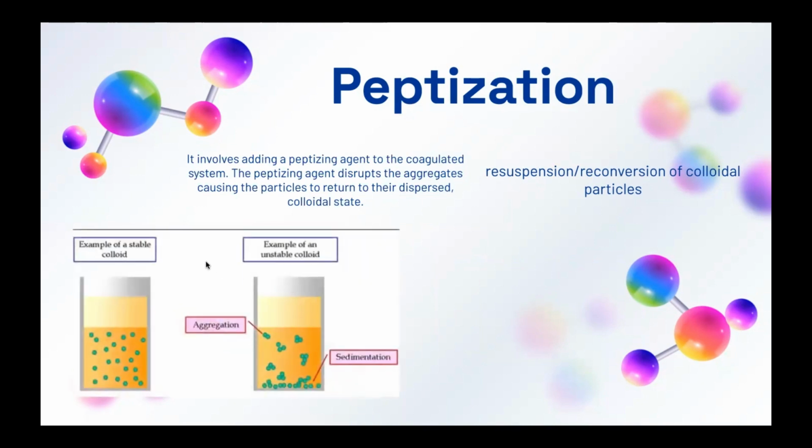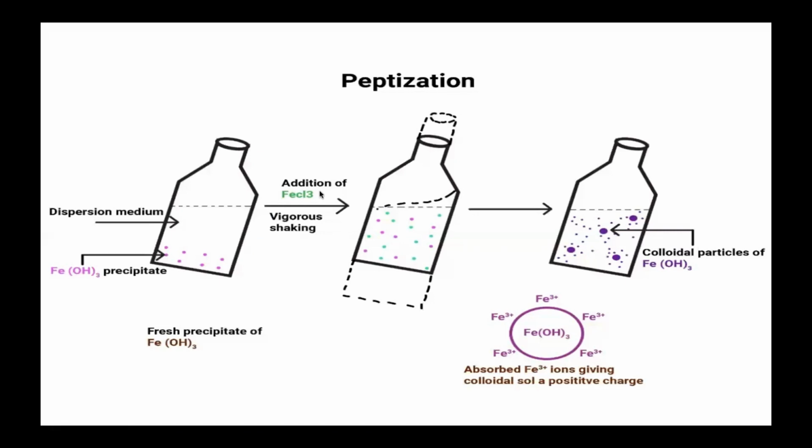So here on the left side, this is an example of a stable colloid. As you can see, it's evenly distributed throughout the solution. And on the right side, this is an example of an unstable colloid. See, there's aggregation, which you're trying to prevent, and then the sedimentation. And here is a simple diagram of peptization.